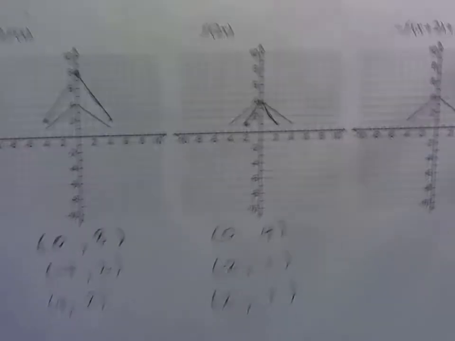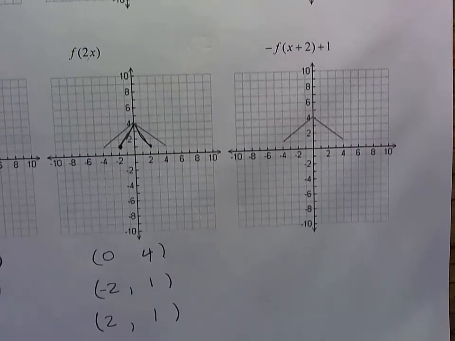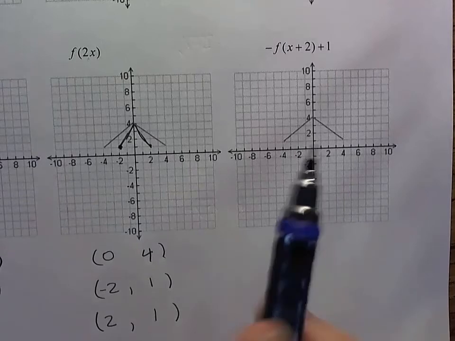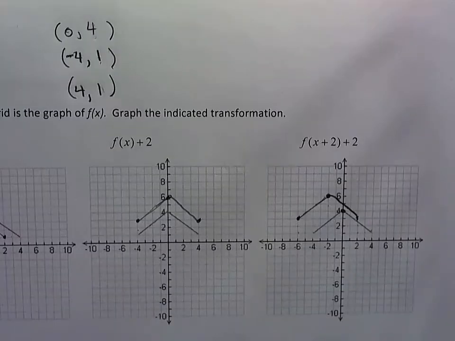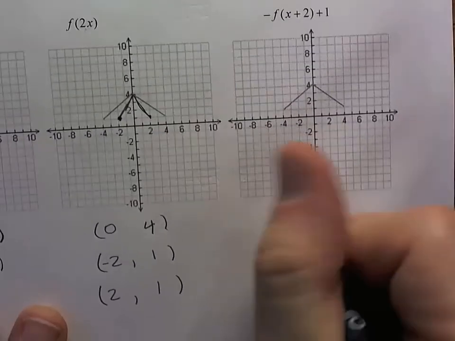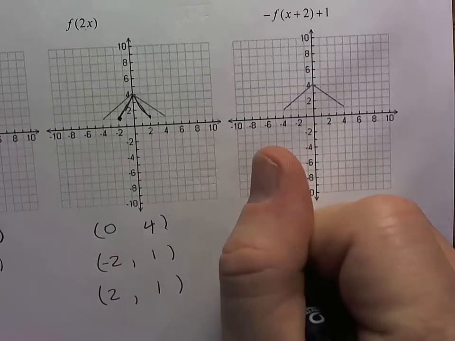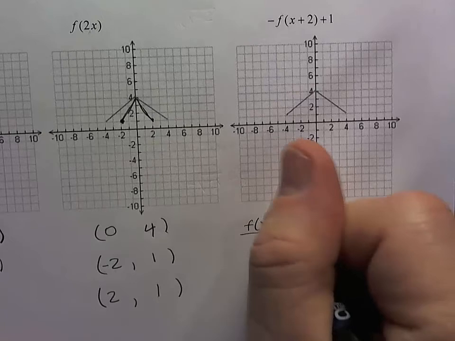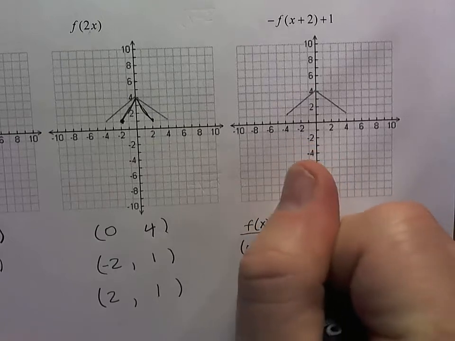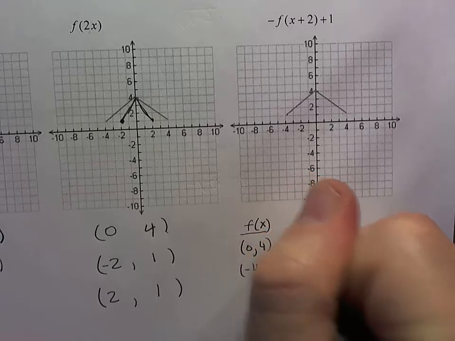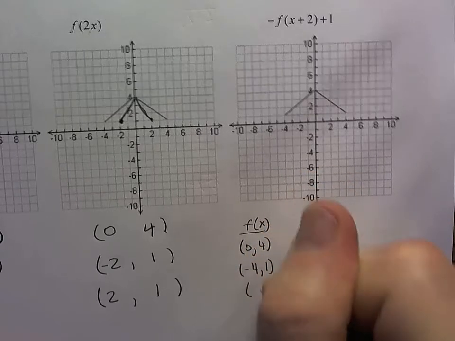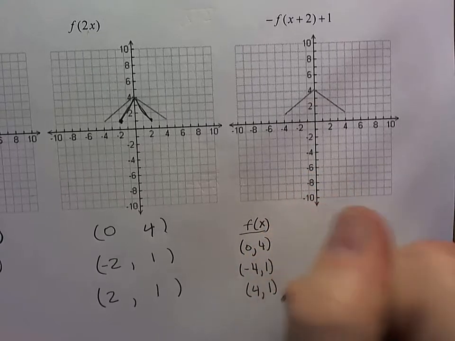Now we come over here, and here's what I'm going to do on this one. I'm just going to go ahead and take note of these points. So here I've got these points. This is just f of x. We had (0, 4). We had (-4, 1). And we had (4, 1).